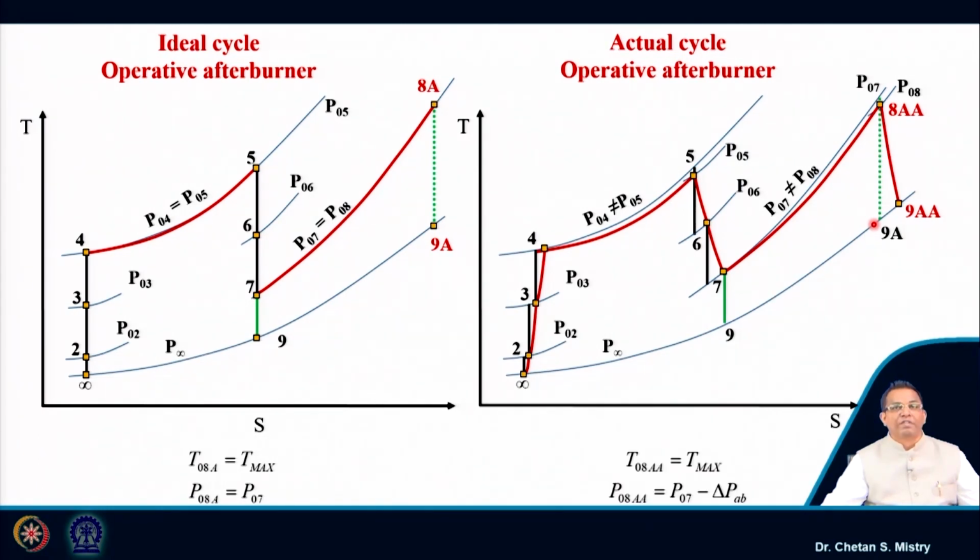Under this condition we have the maximum temperature of the cycle, T08AA, and we have the loss of pressure, which we represent here as delta P in the afterburner. So, now you are able to understand what we mean by ideal cycle and actual cycle.